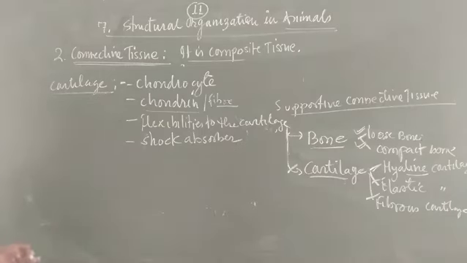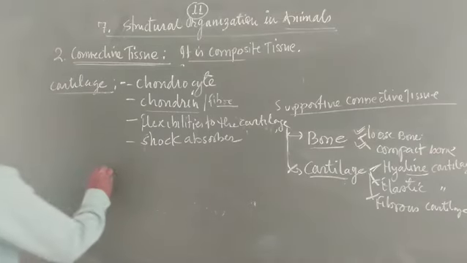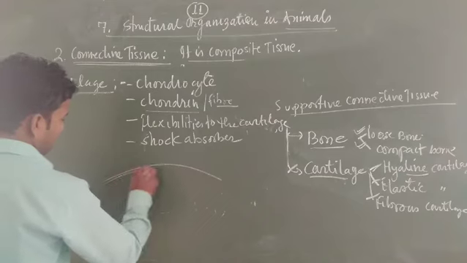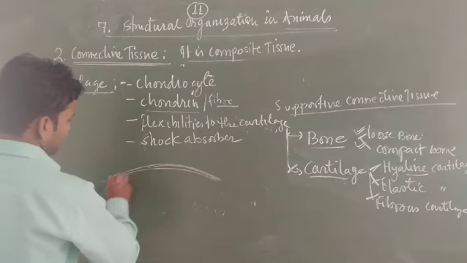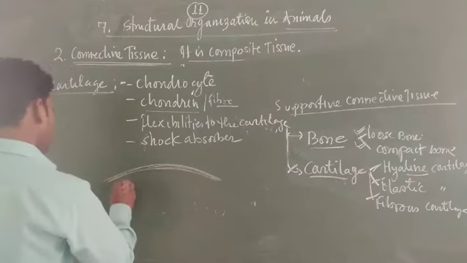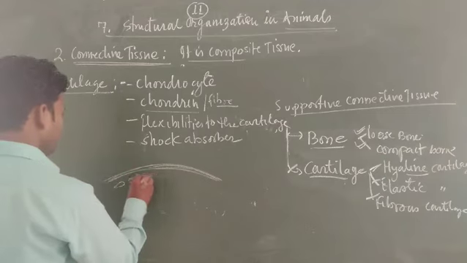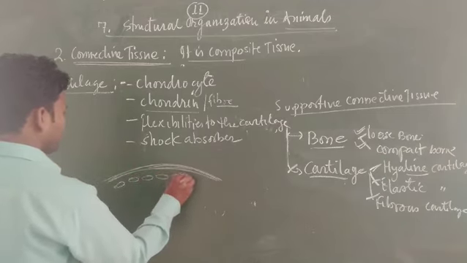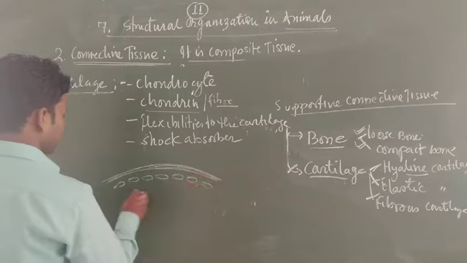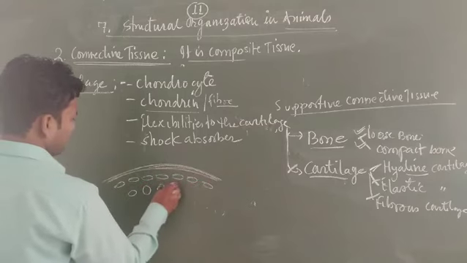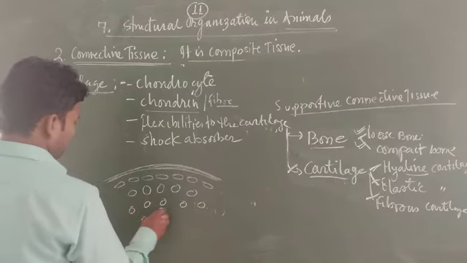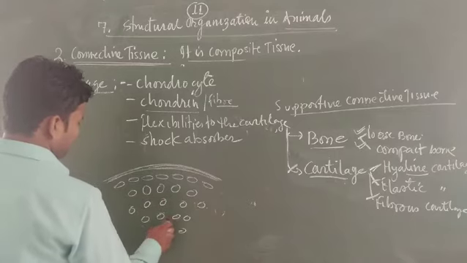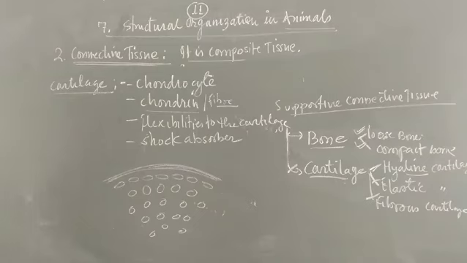The structure of cartilage, you can see: this is the outermost layer, this is a row of cells present below the upper layer, and cells are present in the inner part also. This is cartilage.